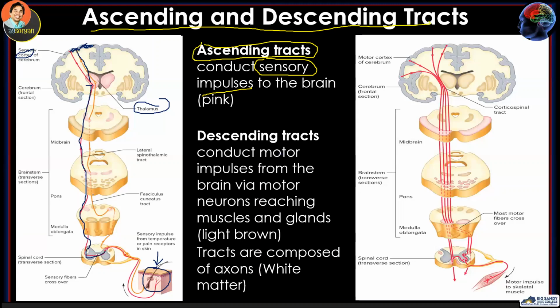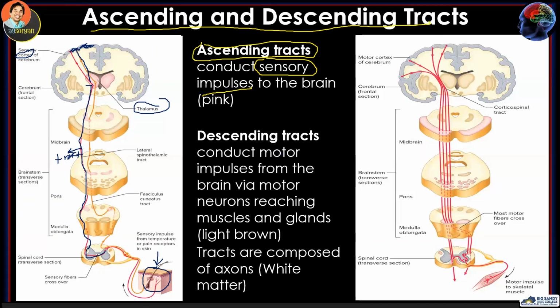So the axons of these interneurons that carry information up to the brain, this is what we call the ascending tract.